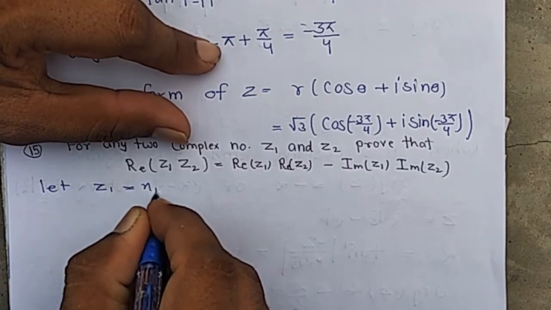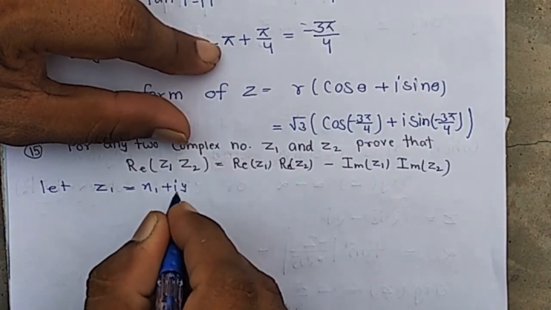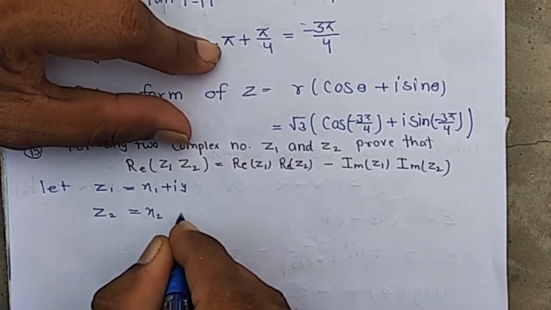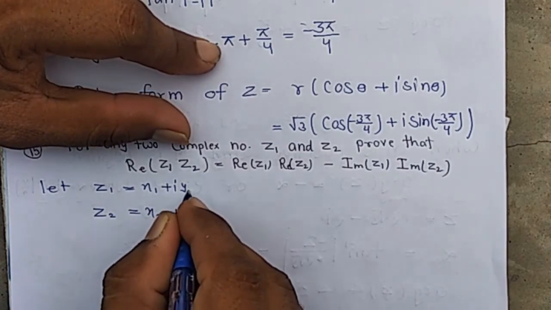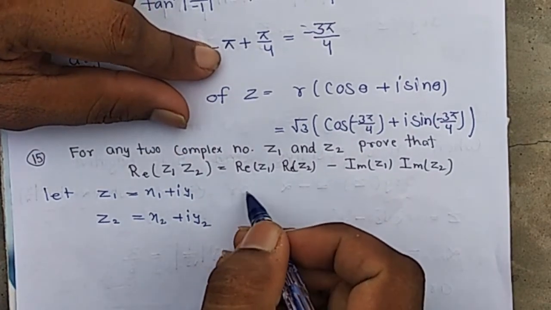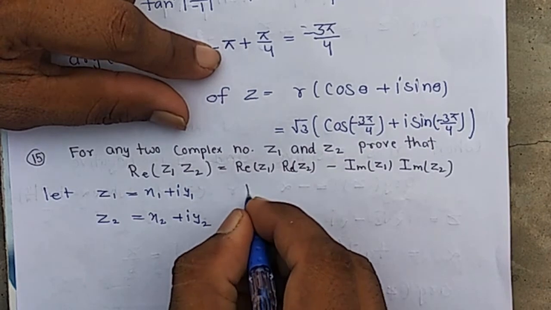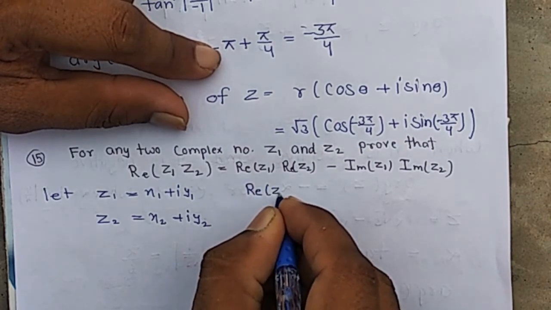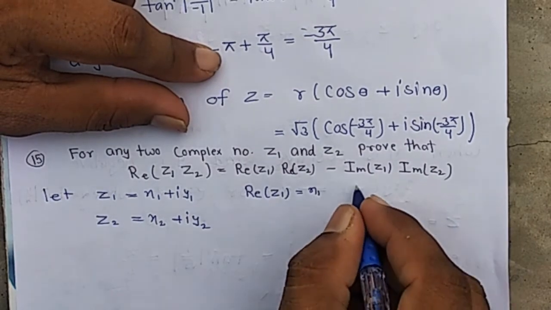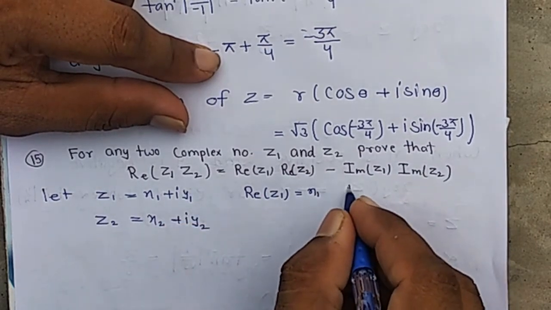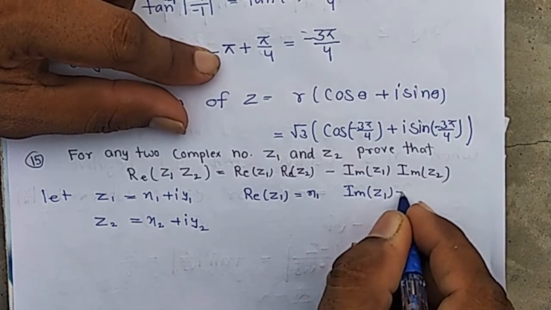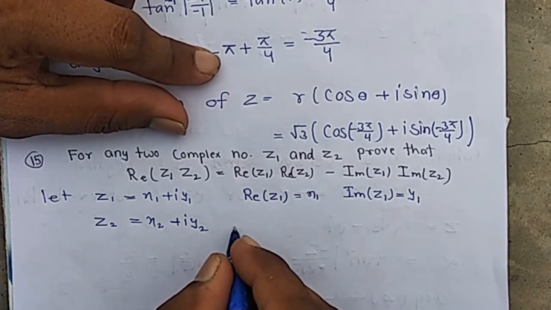Let z1 equal x1 plus iy1 and z2 equal x2 plus iy2. z1 equals x1 plus iy1 means the real part of z1 is x1 and the imaginary part of z1 is y1.